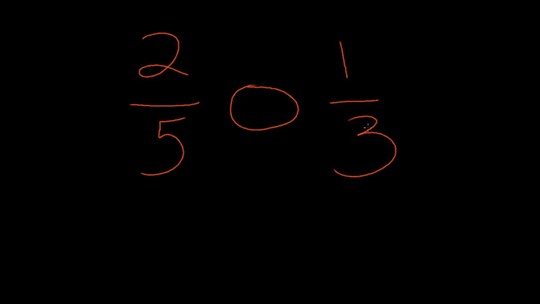As far as thirds go, 1.5 would be half of 3, and 1 is slightly less than 1.5, so this would also be a little less than a half. So it's a toss-up. We have to find a common denominator to see which of these fractions is greater.